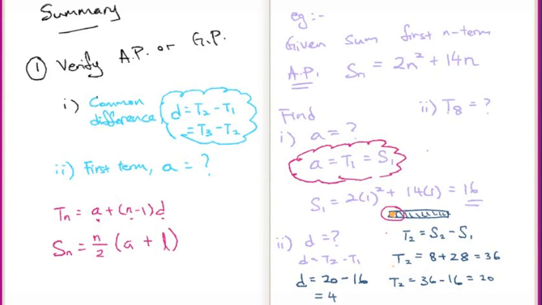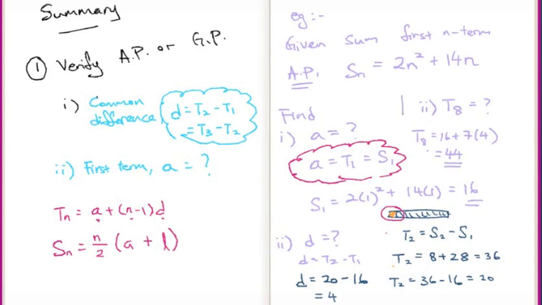But that wouldn't be necessary because it's too long-winded. What you can do is make use of T8 equals A plus n minus 1 times D, because I have my A already, 16 plus 7 times D, D is 4. Eventually my answer, calculator, 44.